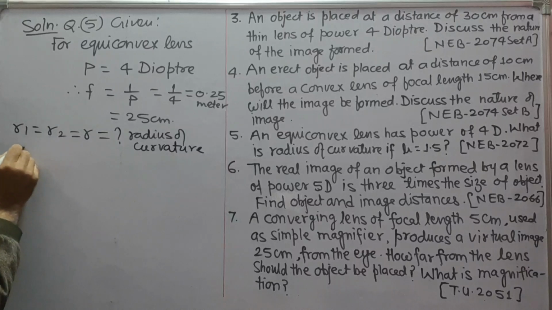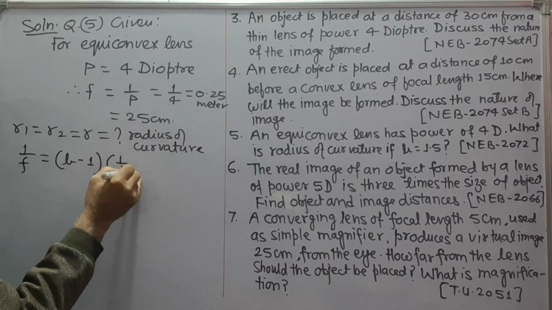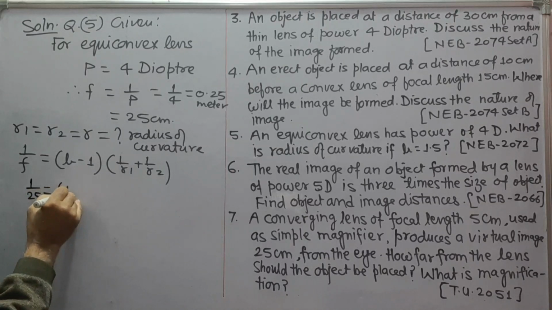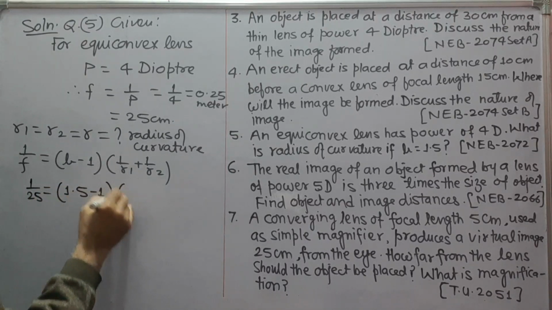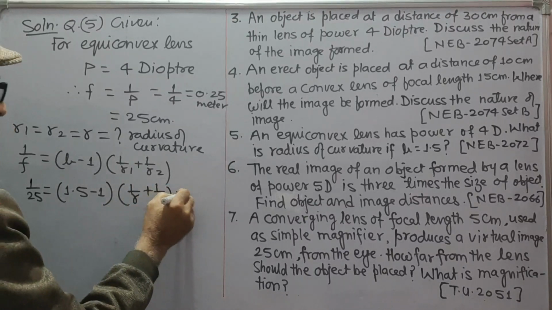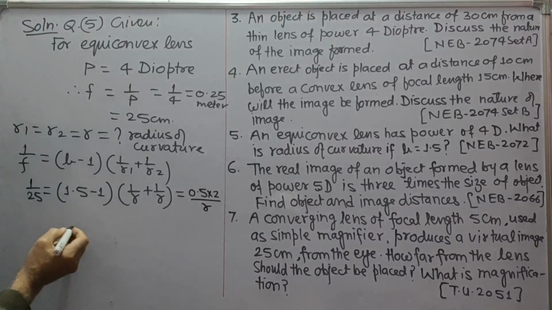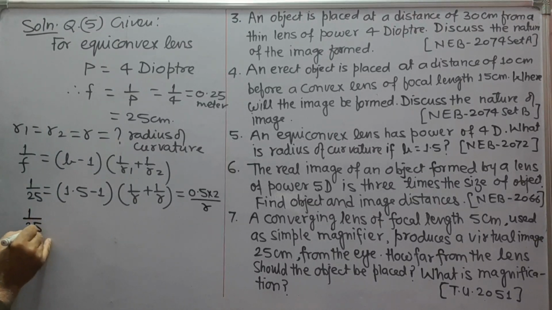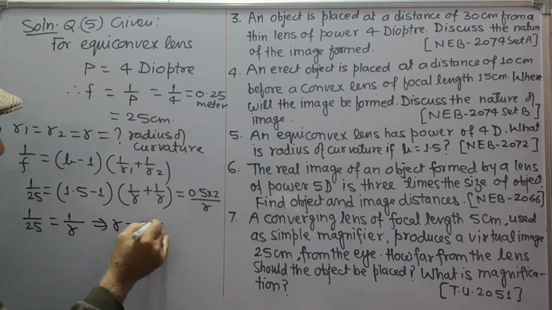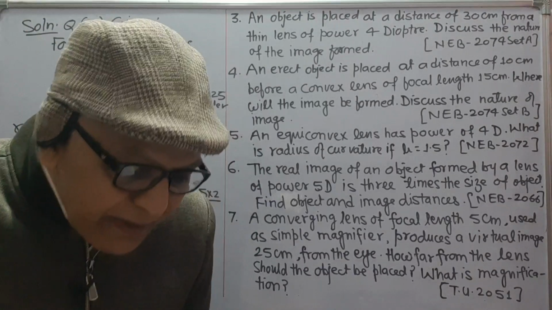Now from lens maker formula, 1 upon f is equal to mu minus 1 into 1 upon R1 plus 1 upon R2, 1 upon 25 is equal to 1.5 minus 1 into 1 upon R plus 1 upon R means 2 upon R. This is 0.5 into 2 upon R. So 1 upon 25 is equal to 1 upon R, which gives R as 25 cm. So the radius of curvature is 25 cm for each surface.